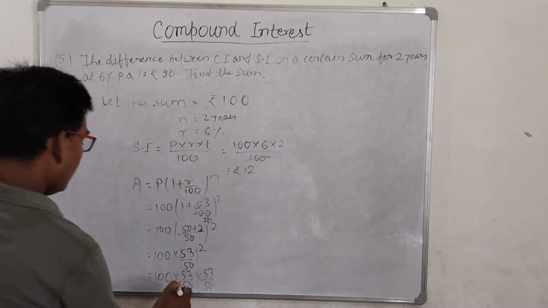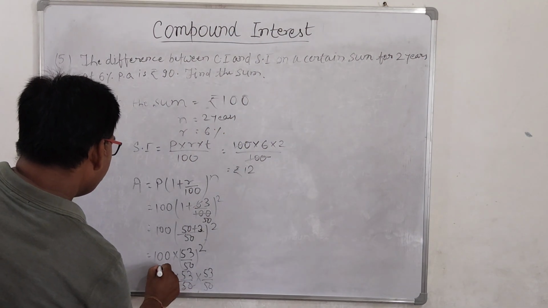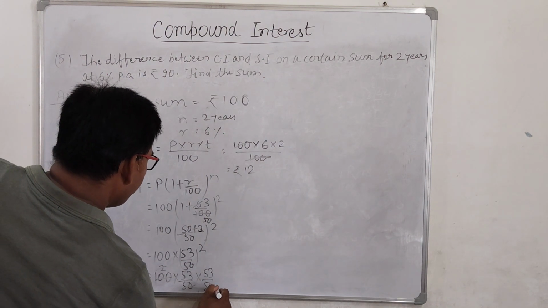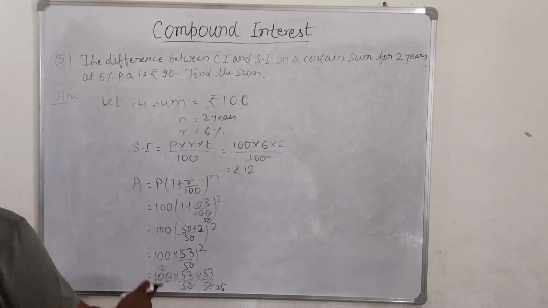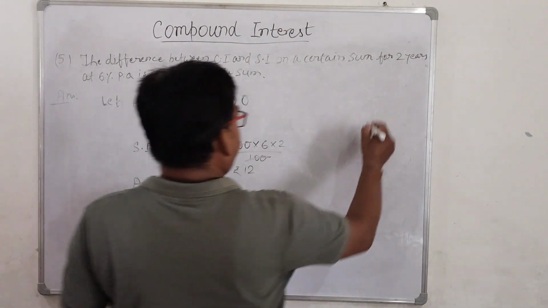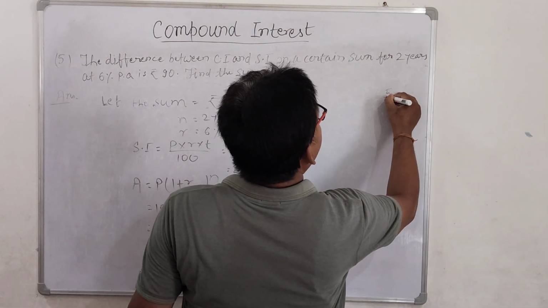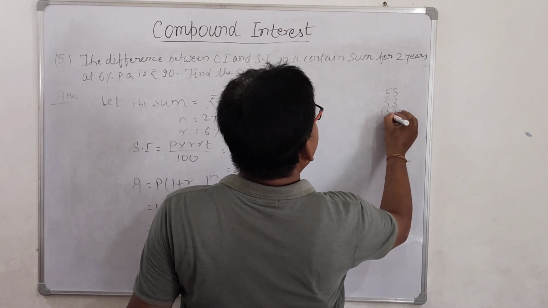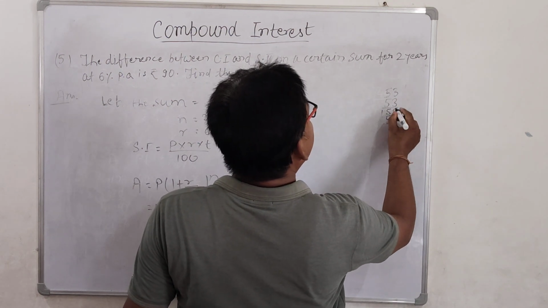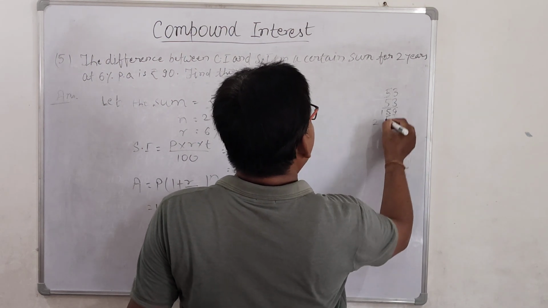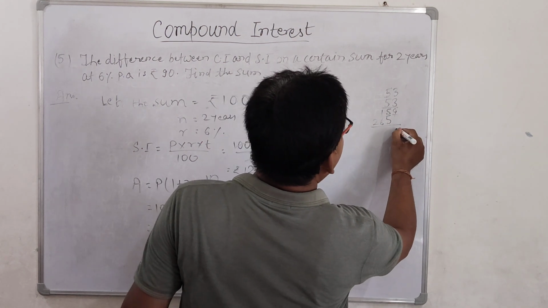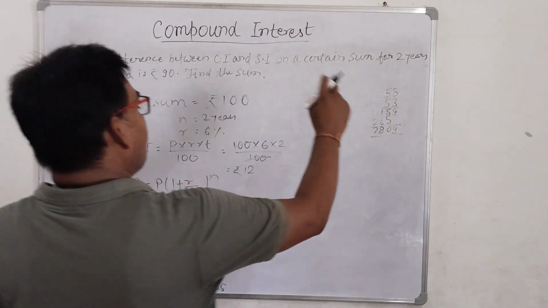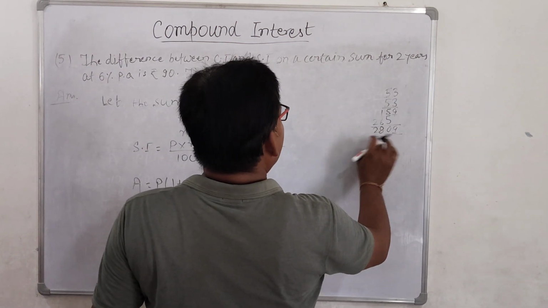Cancelling, 50 twos are 100, and 25 twos are 50. Now we will have to multiply 53 and 53. When 53 is multiplied by 53, the product will be 2809.